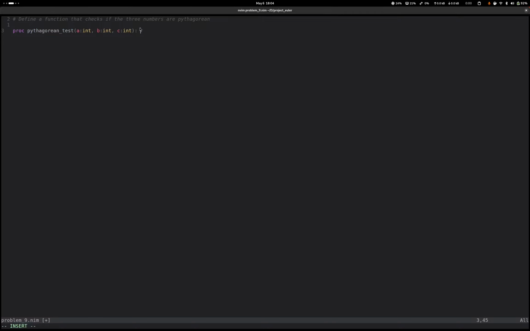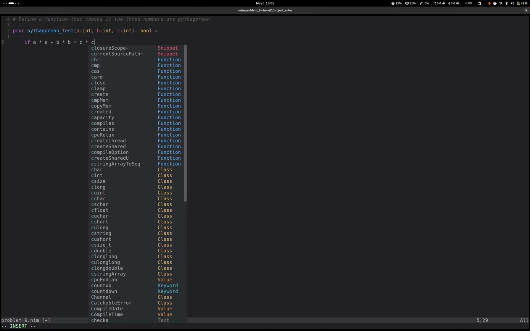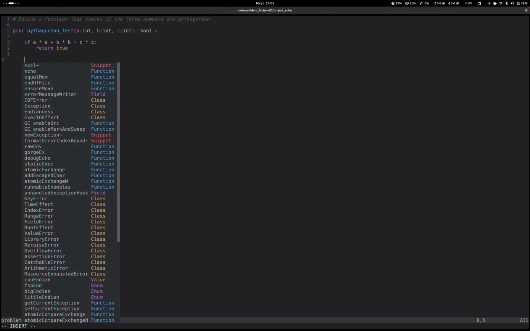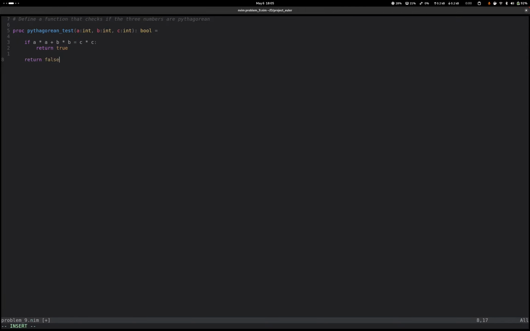This is how you specify the types of your parameters or your arguments. This will return a bool. What this is really doing is checking if a times a plus b times b equals c times c, return true, else return false.